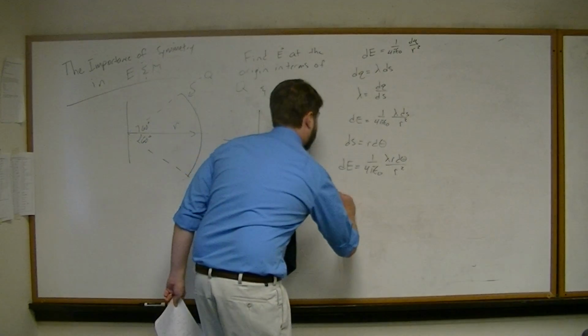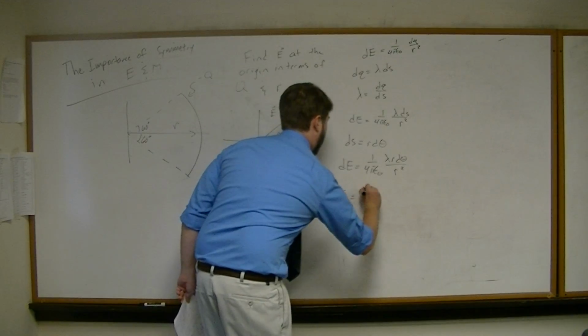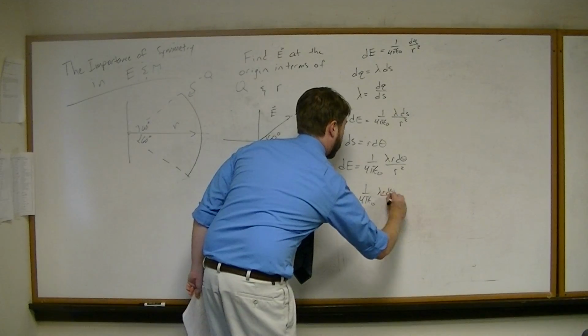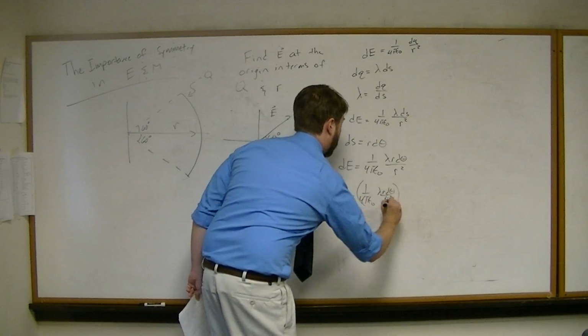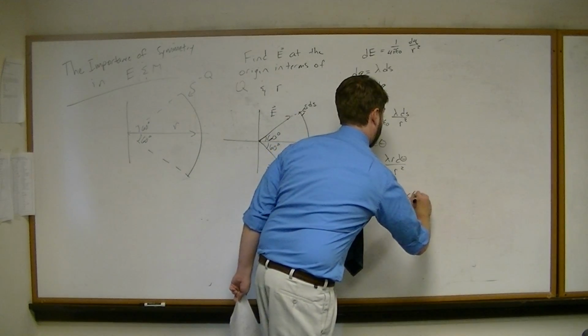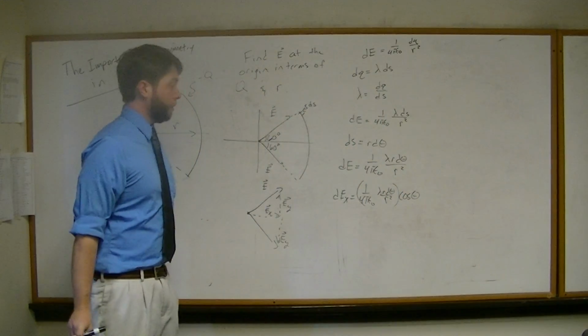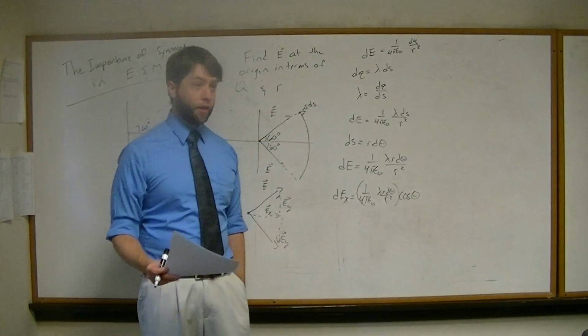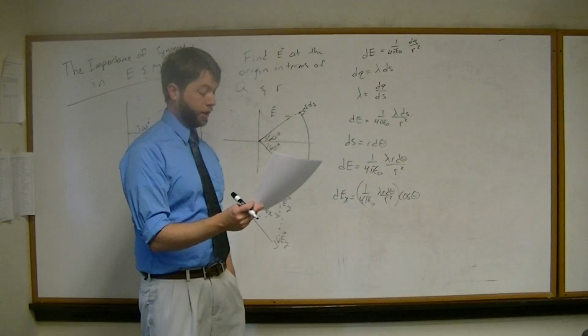So to get the x component, I have to have 1 over 4 pi epsilon naught lambda r d theta over r squared. Only now I have to multiply it by the cosine of theta. Okay? And yes, those r's are going to cancel out, so I'm only going to have one r left over in the denominator.